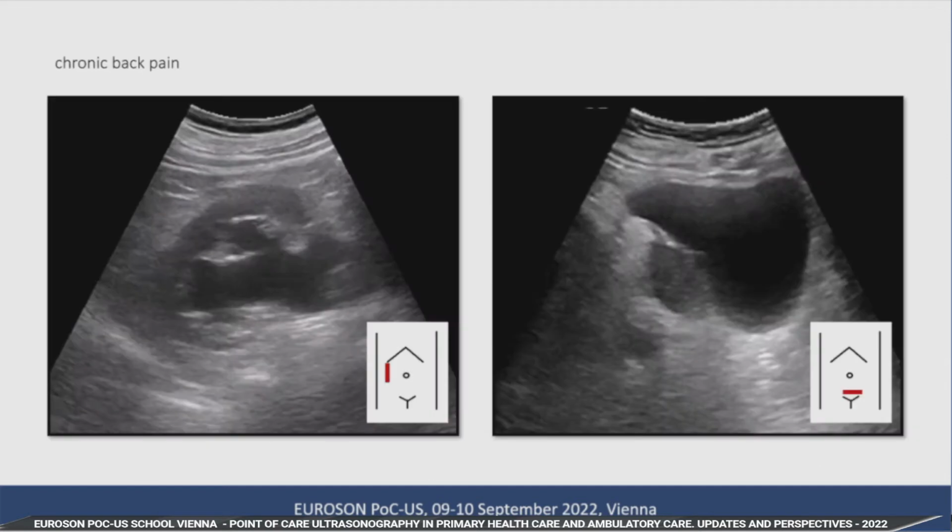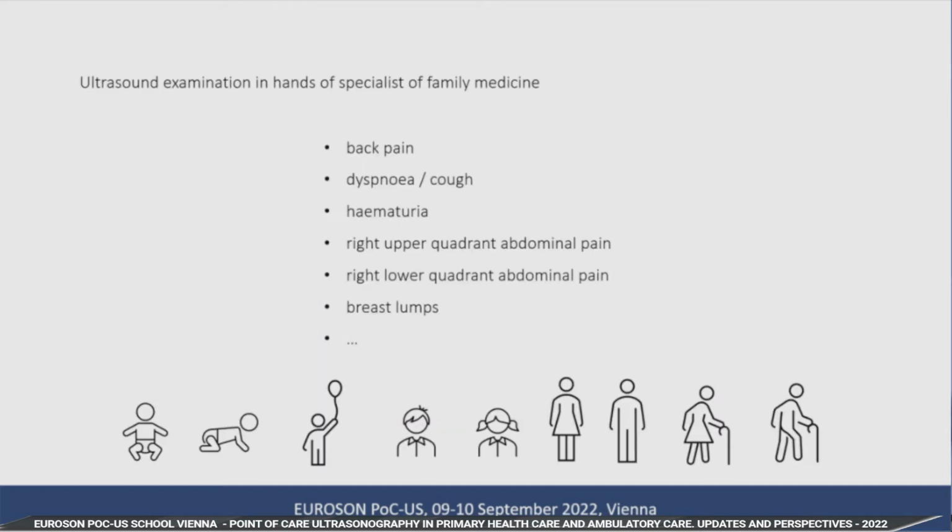Starting from the syndromes, we see symptoms such as back pain, which is very common, dyspnea, cough, hematuria, right upper quadrant pain, left upper quadrant pain, or breast lumps, it will be about breasts a little bit. These are also problems when the patient visits us.